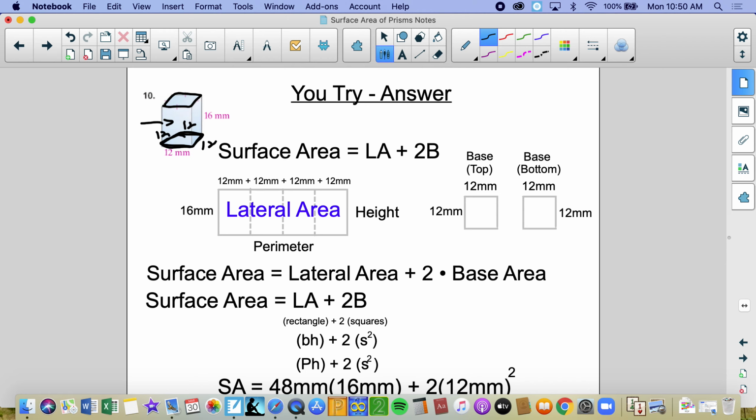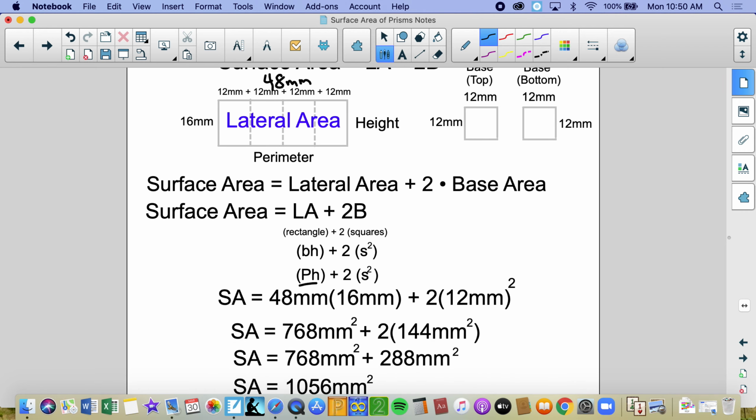That's the perimeter around this object. And then the height of it would be 16 millimeters. So I have 48 millimeters as the perimeter. And that's where we are here. So that's the perimeter times the height. So I have 48 millimeters times 16 millimeters, which would be the height of the object. And 48 millimeters times 16 millimeters gives me 768 millimeters squared.